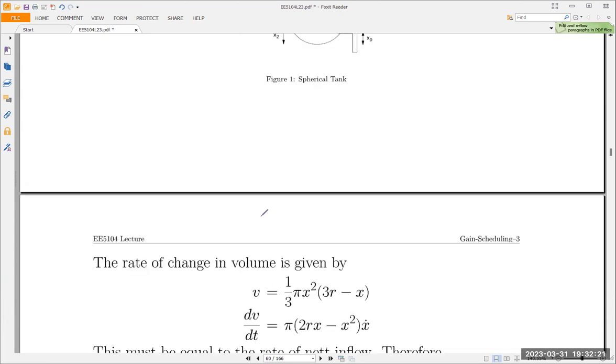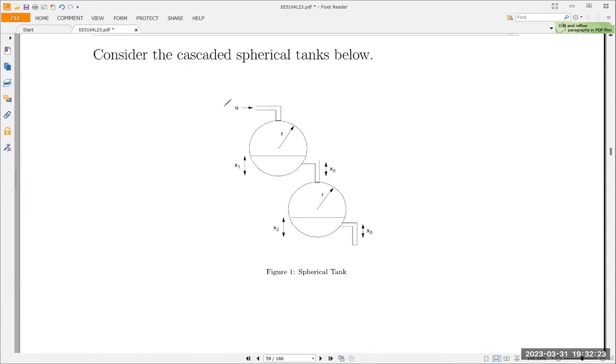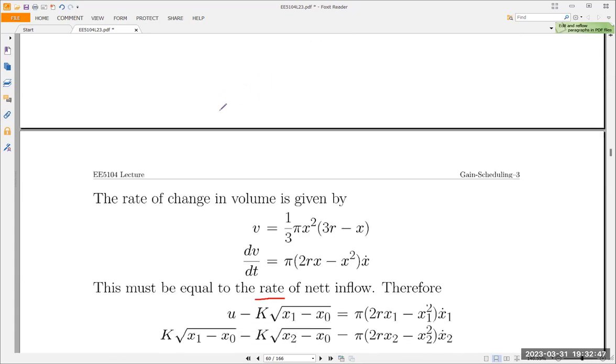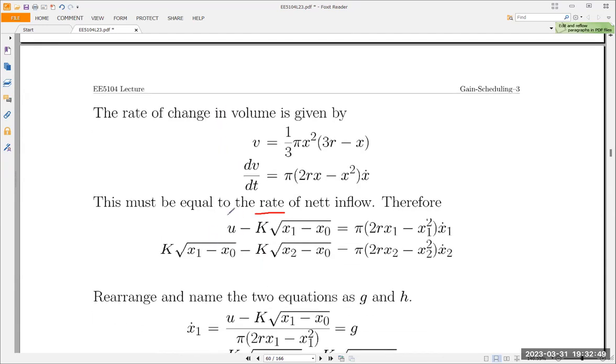So in 1 second, the amount of chemical that flows in here minus the amount of chemical that flows out here must be equal to the change in the volume here. So U is the amount of chemical that flows in 1 second. So you take U minus the amount of chemical that flows out in 1 second.